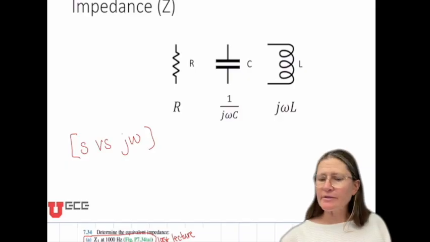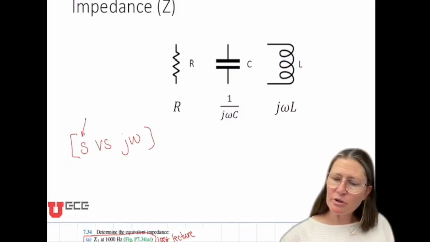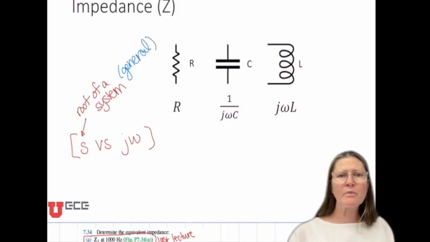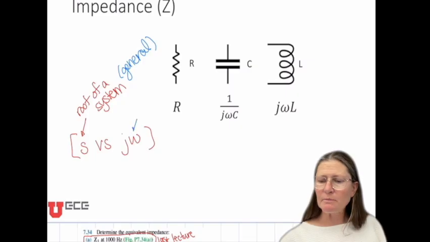S is actually the root of a system, so you can think about this as more of a general form, and j omega is going to be a specific frequency.